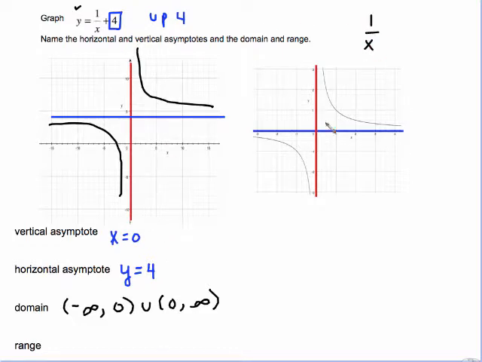And the reason that domain hasn't changed is because our vertical asymptote did not change. But take a look at your range. Your range is now different because your horizontal asymptote is in a different place. Your range is negative infinity up to that 4, union 4 to infinity.